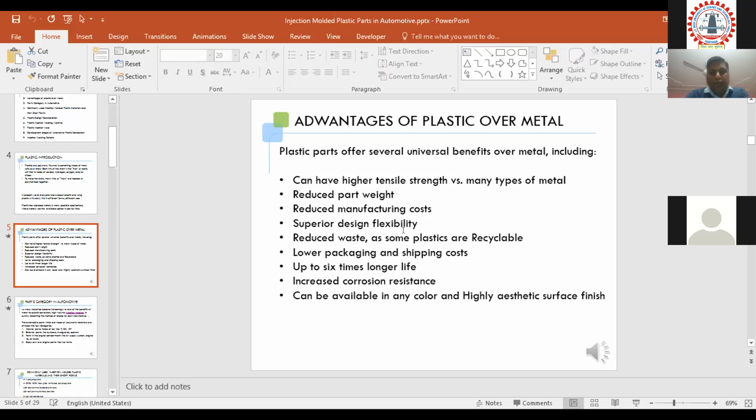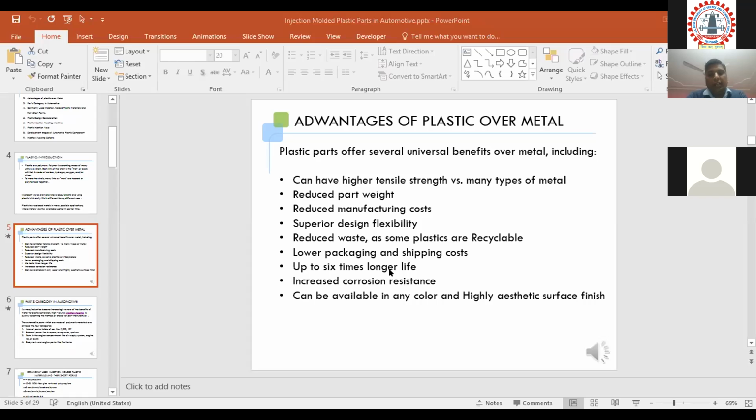Waste is also reduced. For example, if we are making the same part in sheet metal, there will be more wastage when we make a layout of some component on a strip. Packaging and shipping cost is also less because weight is less, and life is also long.